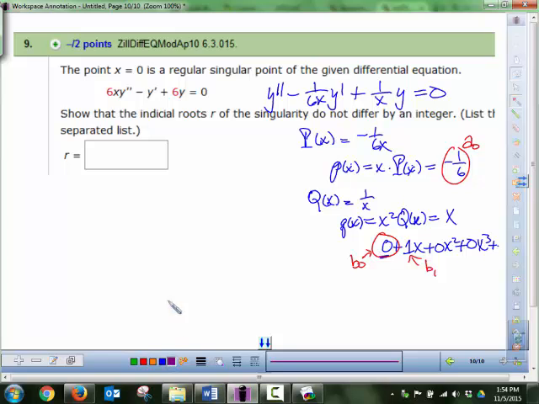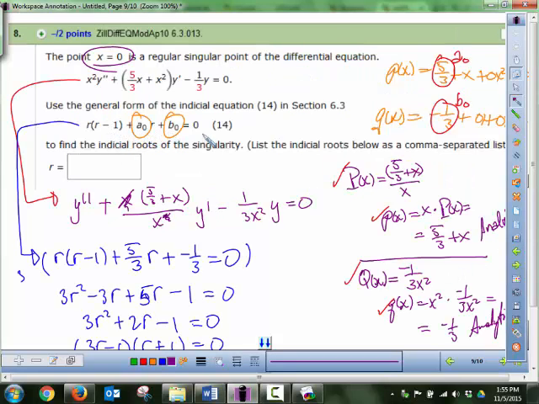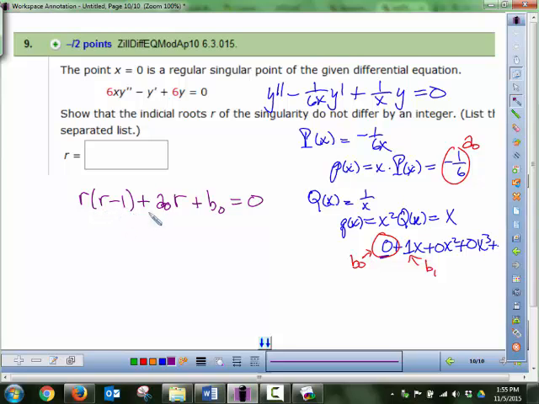So now that you have the indicial roots memorized, or the equation to find the indicial roots, let's make sure that that's correct. It looks right: r times r minus 1 plus a sub 0 times r plus b sub 0. Let's see if we can plug in those values. We got negative 1/6 for a, and we got 0 for b.